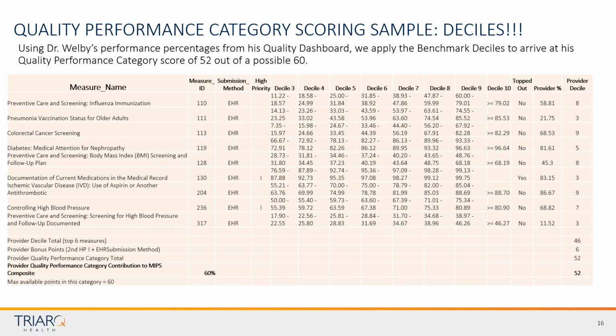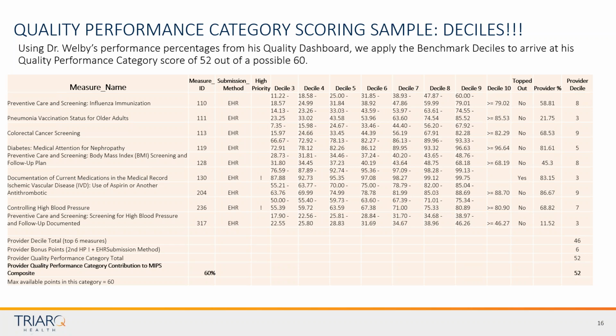This provider had 58.81 performance percentage, numerator over denominator, and that's going to earn him 8 points for that measure. And the reason for that is I look at that 58.81 and I say, oh, okay, that score landed in the 8th decile. I'm going to get 8 points for that measure.